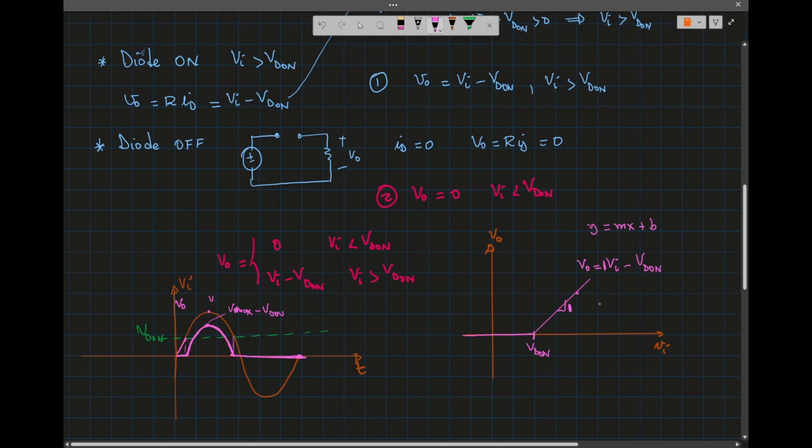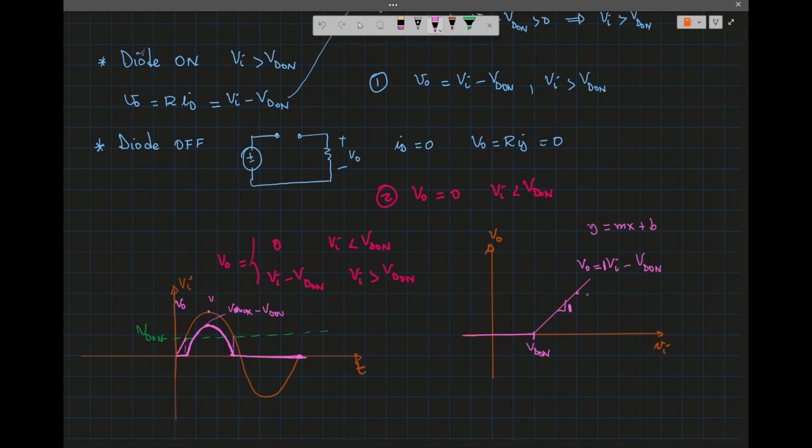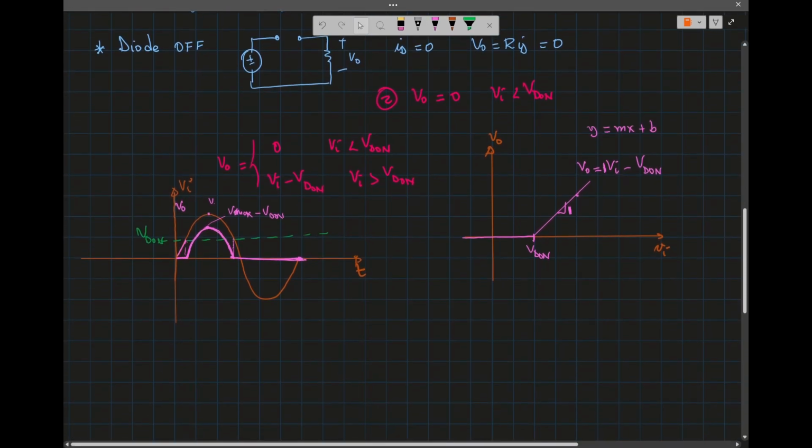So that is VI. So that's the transfer characteristic, I mean the output voltage as a function of the input voltage.